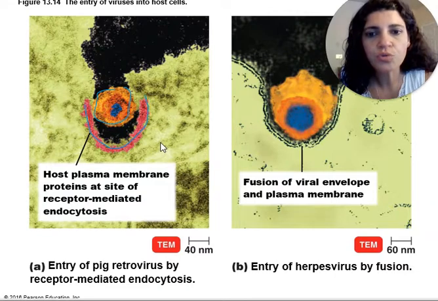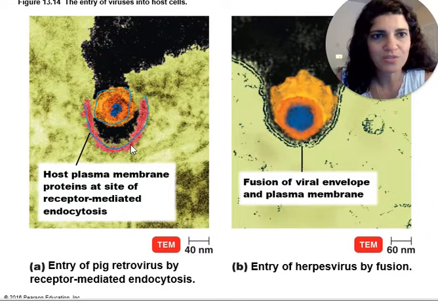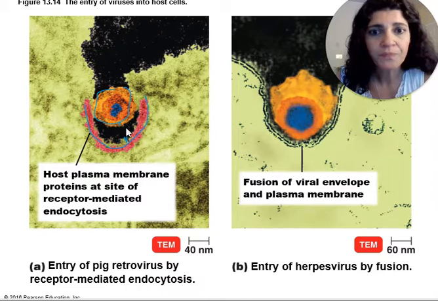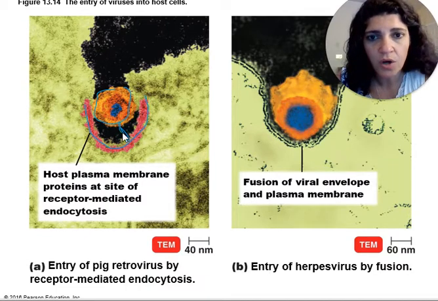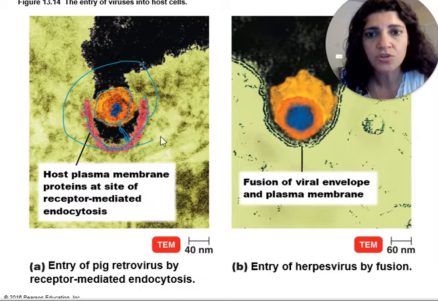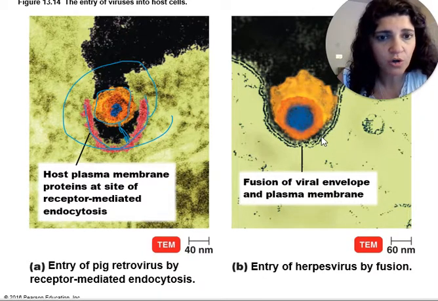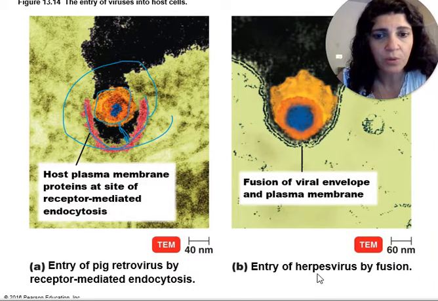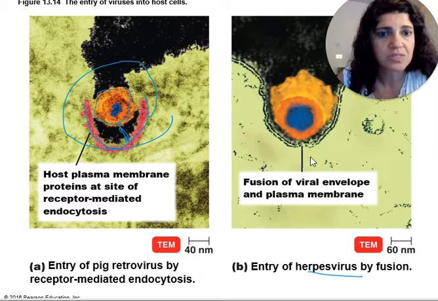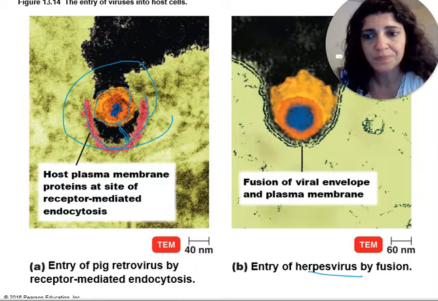And then through receptor-mediated endocytosis, which is, like I just told you, there are some receptors that the virus has an affinity for, depending on the virus and the cell. And then that is going to create a contact, and then it's going to internalize this virus. Or it can happen by fusion of the viral envelope to the plasma membrane of the host cell. That's another mechanism. For example, the herpes virus uses this fusion mechanism, okay?